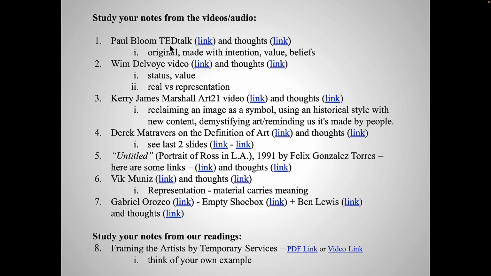We just recently watched the Paul Bloom TED Talk. He's the one who talks about something having an origin, the origins of pleasure, and how rooted that is in our values and our belief that something is not just valuable, but that there was a specific kind of narrative attached to the origin of its making.